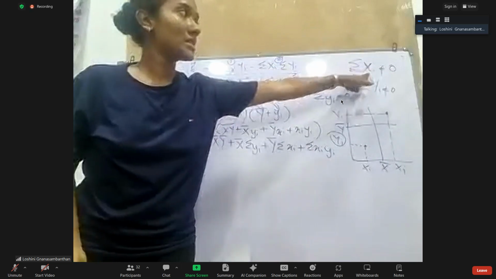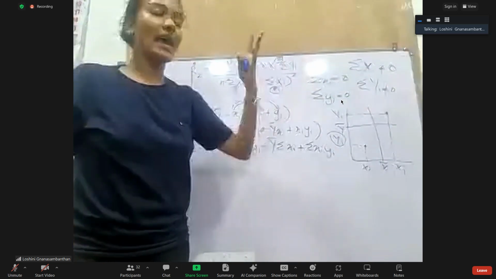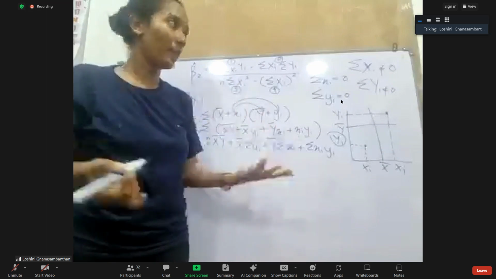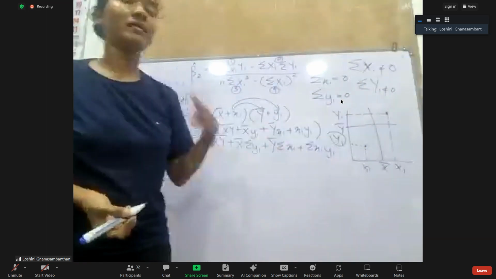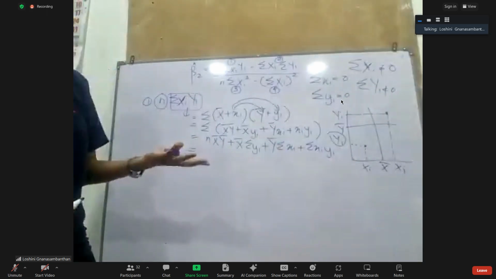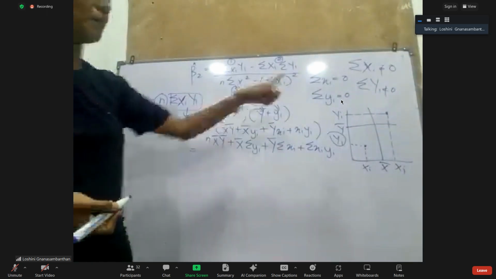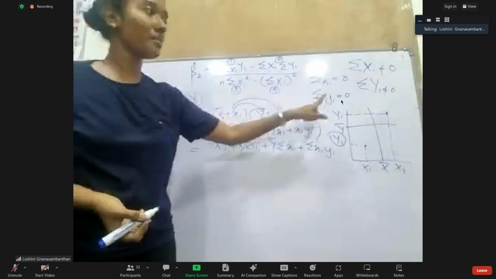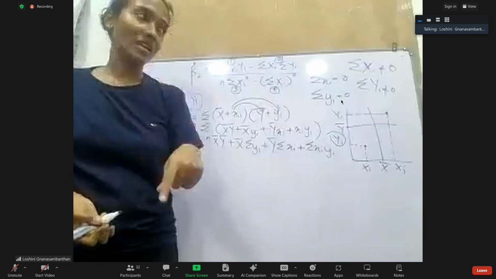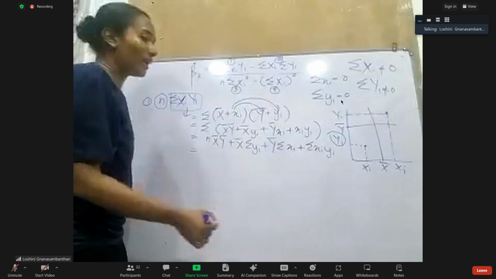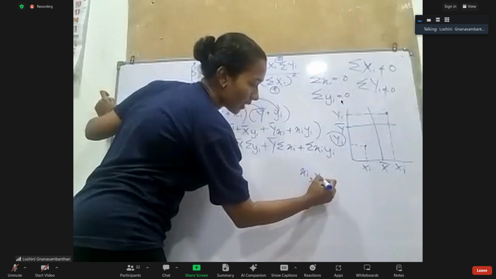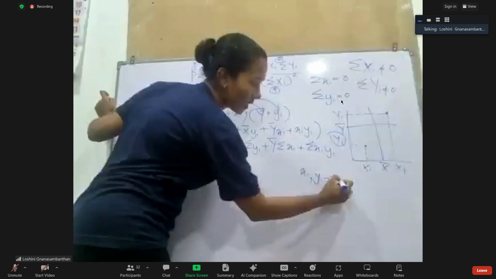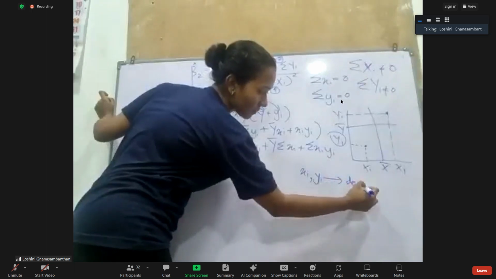Capital Xi tells you the actual values in the sum. Then capital Yi, they tell the actual values in the sum. But simple xi and simple yi, they show the deviation. So you can write down somewhere: simple xi, yi, deviation.